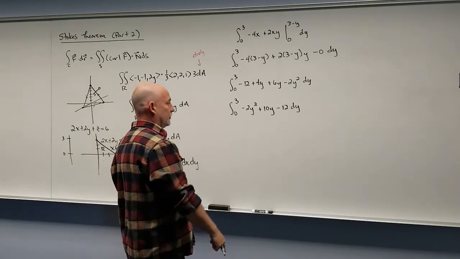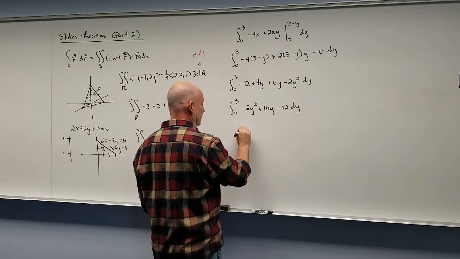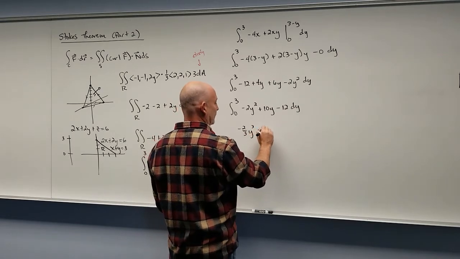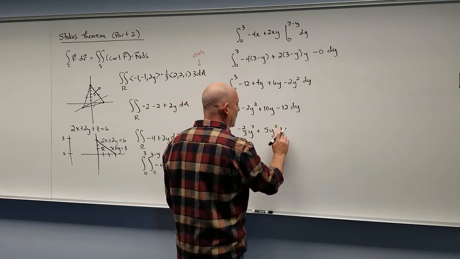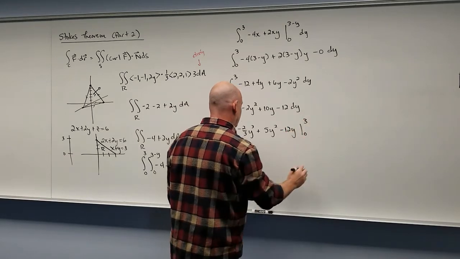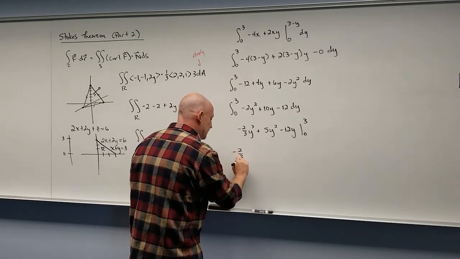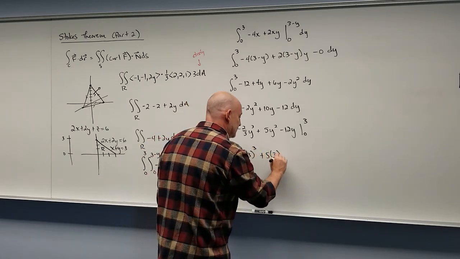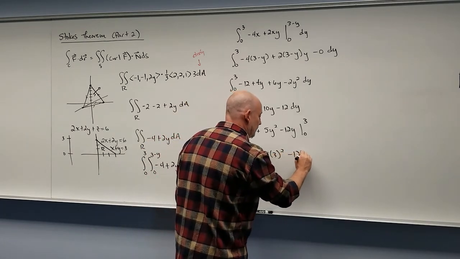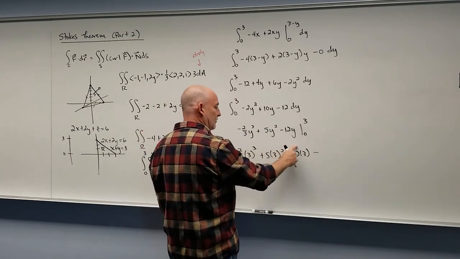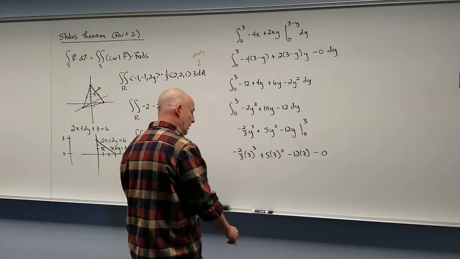All right, one last little integral to do. So integrate each one of these. We get -2/3 y cubed plus 5y squared minus 12y, evaluated from 0 to 3. So -2/3 times 3 cubed, plus 5 times 3 squared, minus 12 times 3, minus the bottom endpoint. Everything has a factor of y, so again, that is 0.